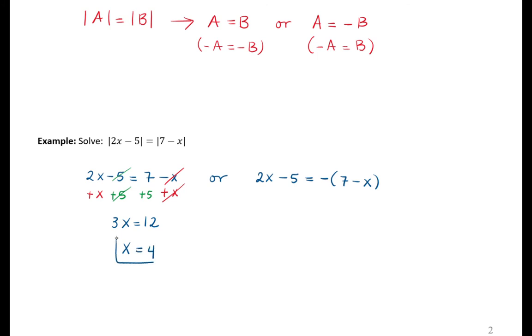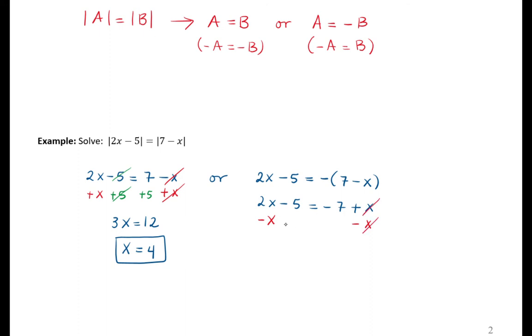This is one solution. From here you need to distribute that negative first. So we have 2x minus 5 equals negative 7 plus x. Now you can solve the equation. That's a linear equation. I subtract x from both sides, and then these two will cancel, right?